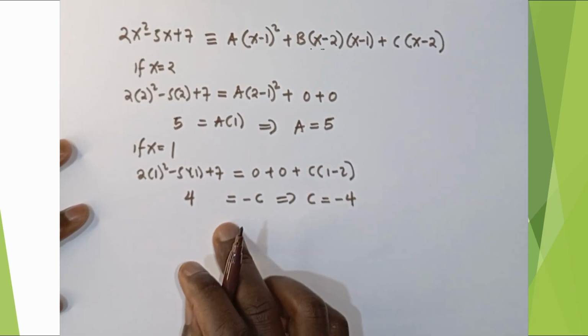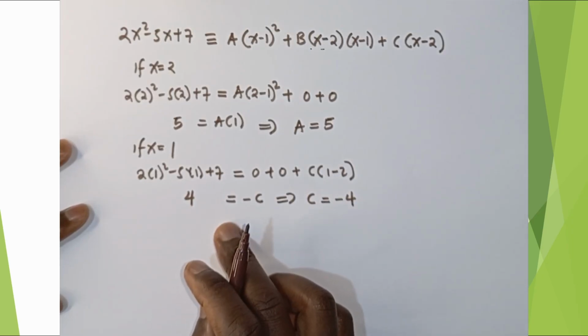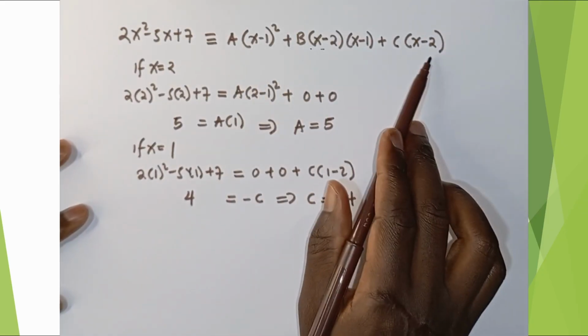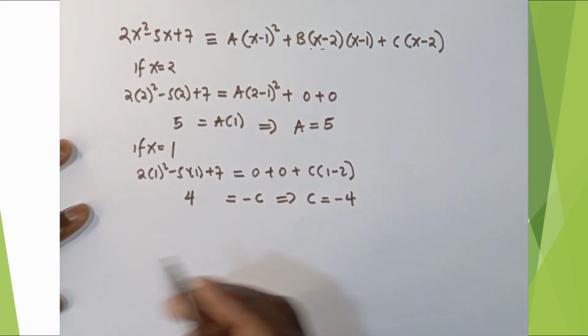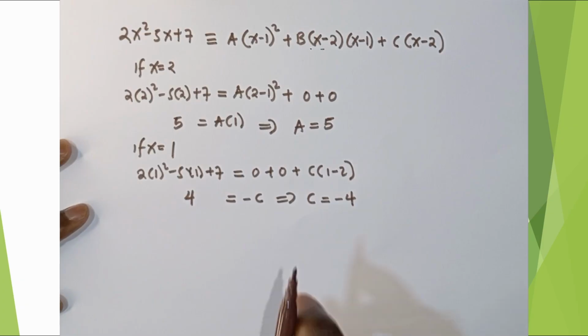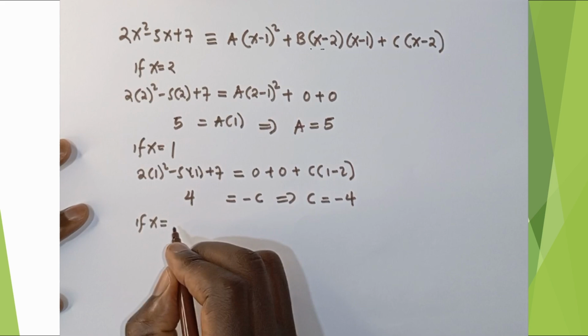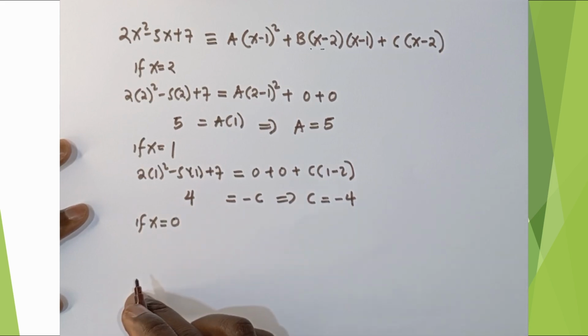Now, who's remaining? B. B is remaining. So since I don't have anything that can make a and c 0, I let x a smaller value. As in the previous video of type 2 and type 1, I come and say if x, I let a smaller value. Now in this case, I can let it to be 0.